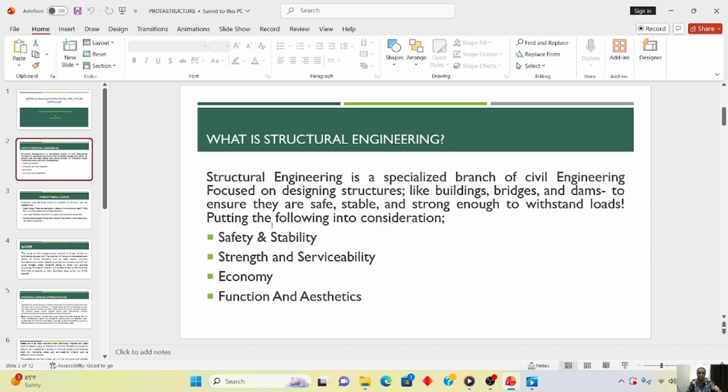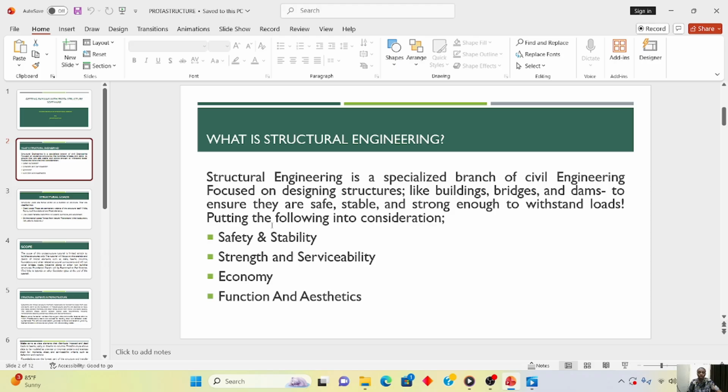Just as you know, in the manual kind of design, you always put safety into consideration because that's the main idea behind it. Your structure must be safe, it must be stable, it must also be strong to withstand all kinds of load, whether dead load, imposed load, wind load, all kinds of load that you can mention.